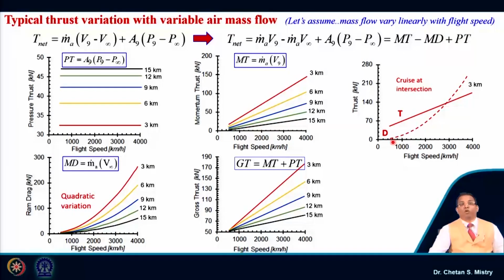So, compared to my constant mass flow rate condition, the scenario will be different, where our thrust came out to be constant. Here my gross thrust varies with my mass flow rate, and if we change our altitude, we will have the variation in a different way. So, just realize this is our actual engine scenario. Now we are moving more towards a detailed understanding of what is happening in the engine in actual flight conditions.